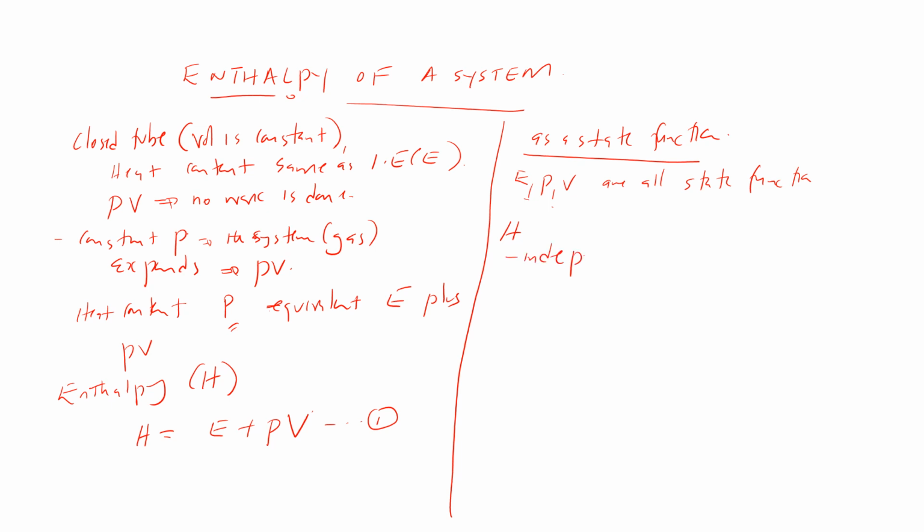Independent of the path. It is independent of the path. Does not depend on the path by which the state of the system is changed. So how do we then determine change in enthalpy?